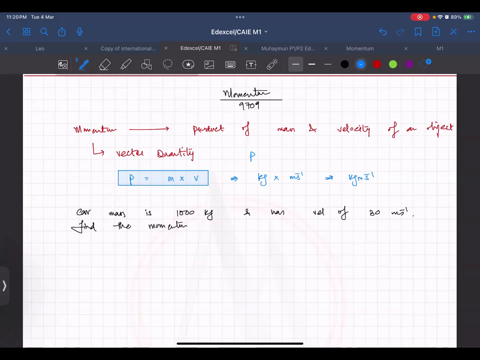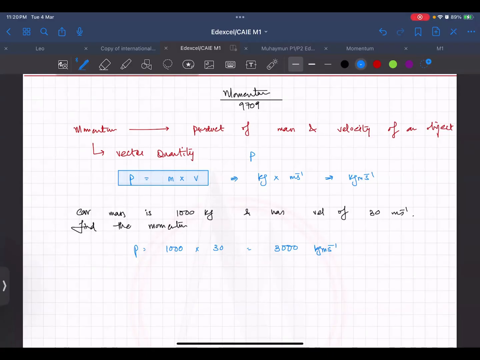So the momentum of the car would be simply 1000 times 30, which is 30,000 kg meter per second. Okay, this is simple. Finding the basic momentum of any object.